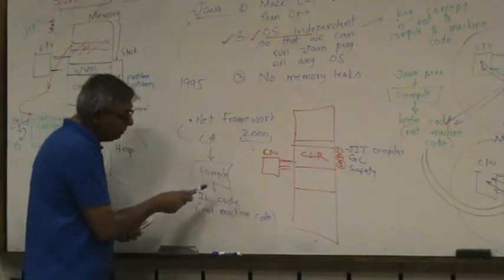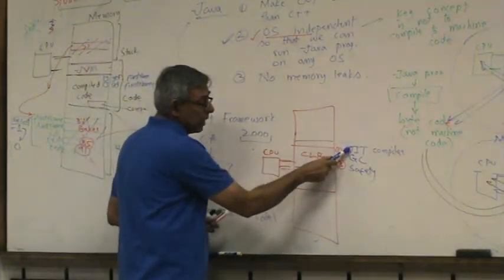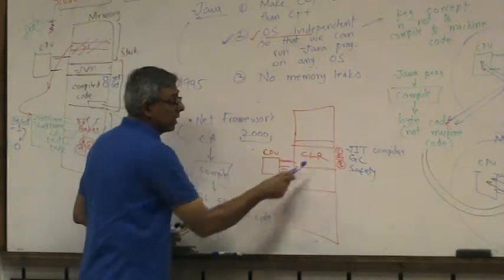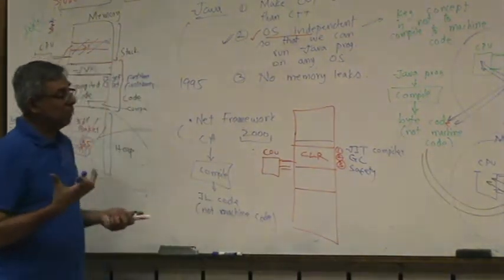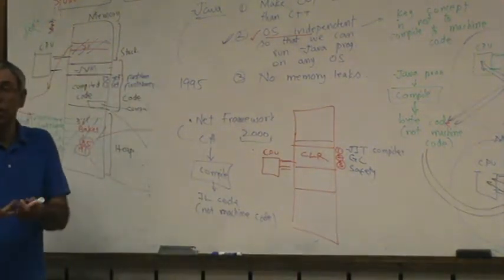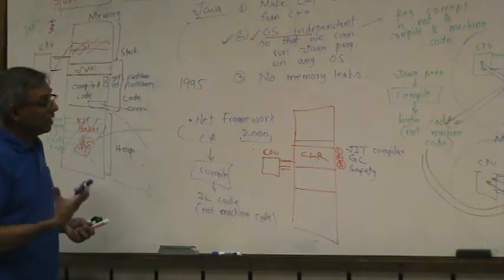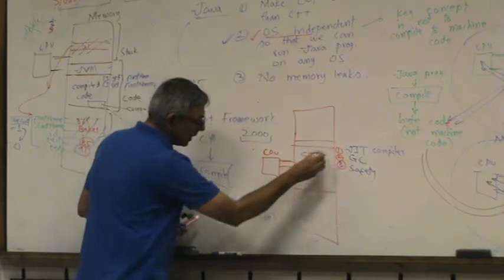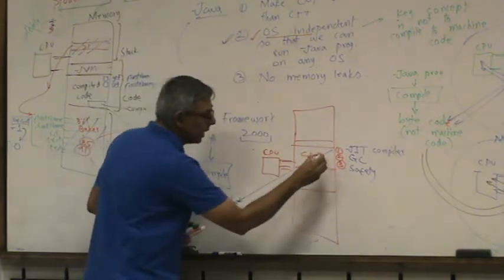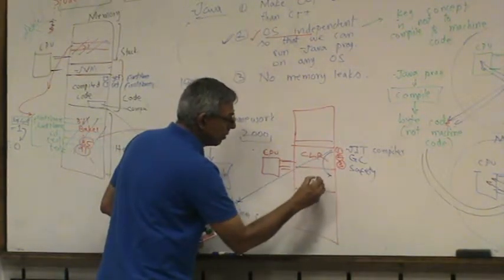However, if we made it an IL interpreter, then C# would be the same slow speed as Java. So to make it faster, what this just-in-time compiler does is read the IL code, and then convert it to machine code.